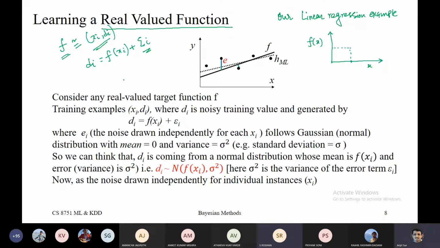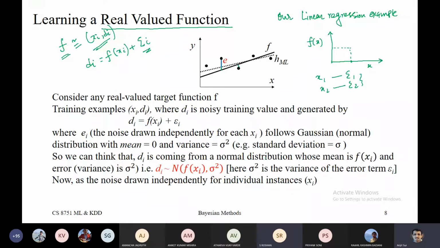So this epsilon i is a noise drawn independently for each xi. What I'm trying to say is that for x1 there is a noise e1, for x2 there is e2, and these are not dependent. All are independent.